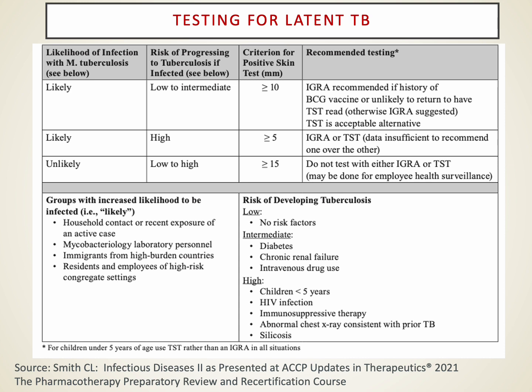So anything that would predispose to immunocompromised status, particularly HIV or immunosuppressive therapy, would cause a high potential risk for developing tuberculosis if they have latent TB, whereas patients with no other risk factors, not immunocompromised, are relatively low risk for developing ongoing tuberculosis.